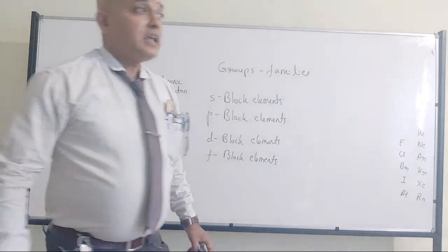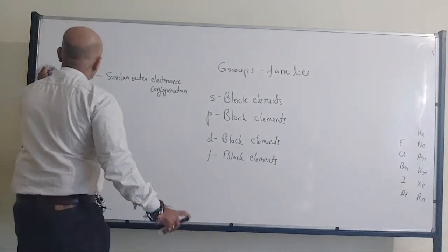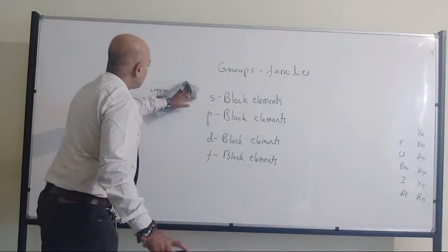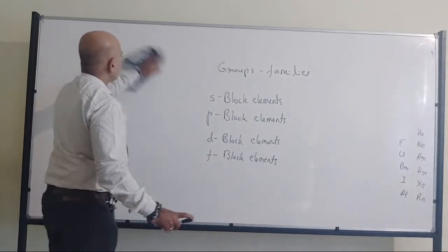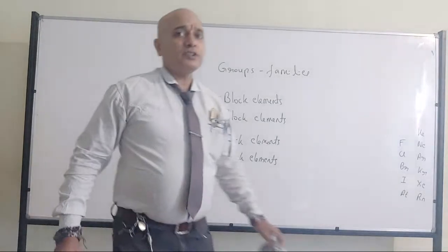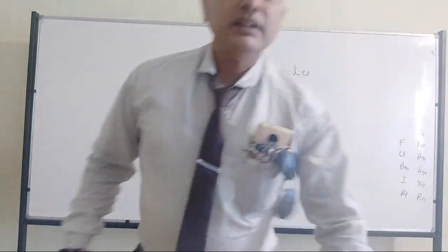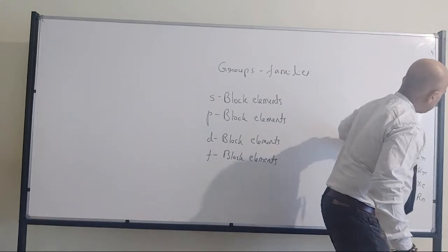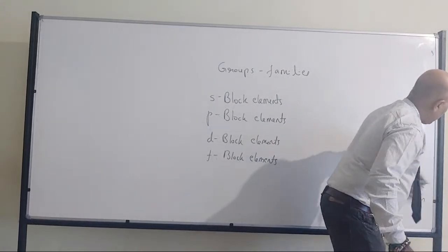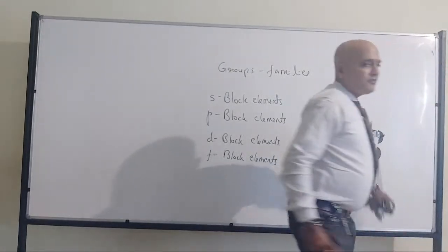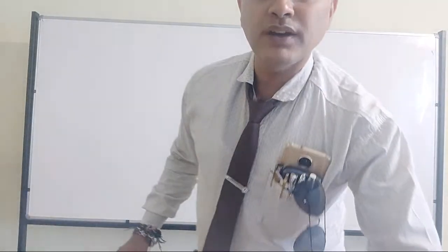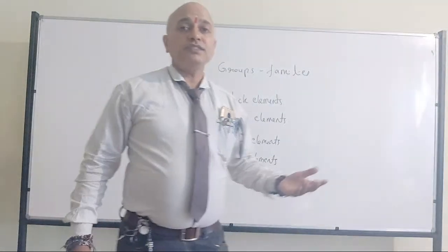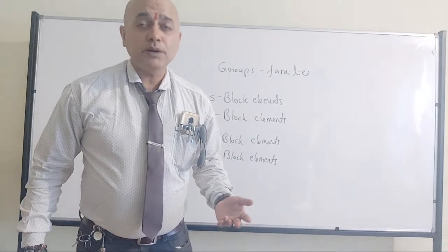Fine. Now before going into detail, before writing their general electronic configuration, first we will talk about the electronic configuration of some elements which you have already studied in atomic structure. Pauli's exclusion principle, then Hund's rule of maximum multiplicity.